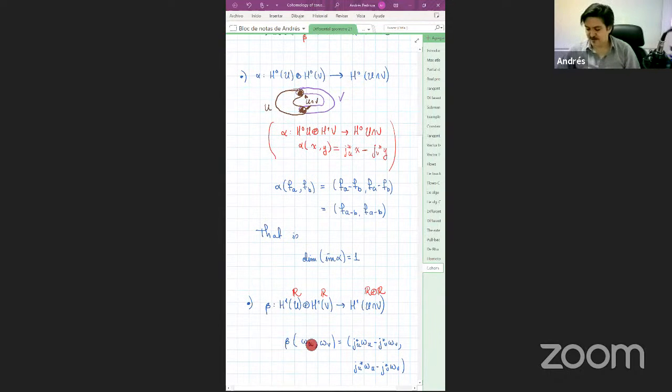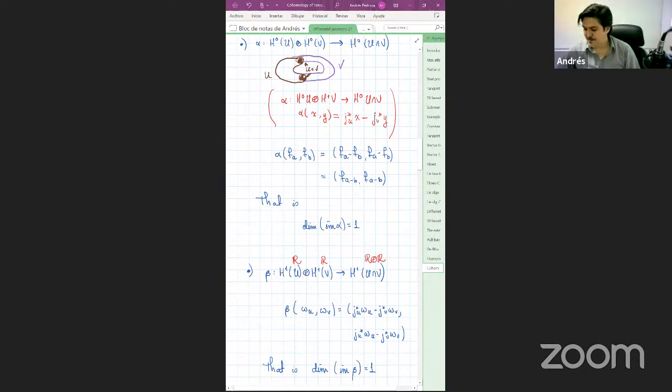So I have a one form on U, a one form on V. I restrict it to the intersection and then subtract. On the other connected component of the intersection, I have the same value. Thus, the dimension of the image is also 1.